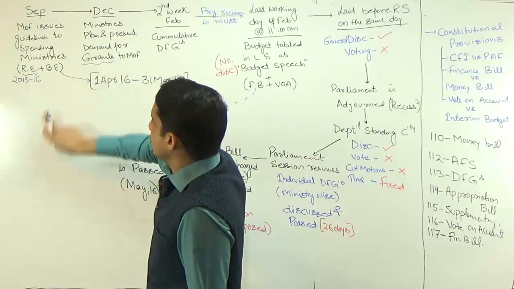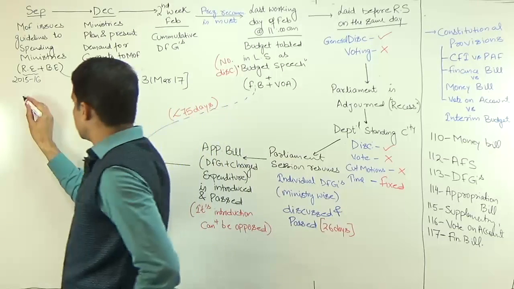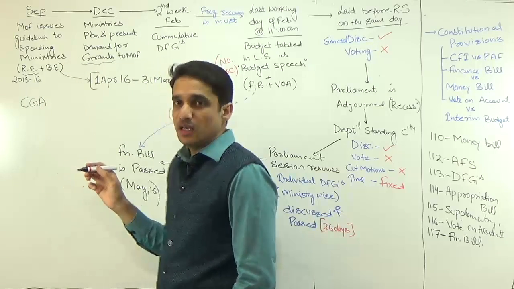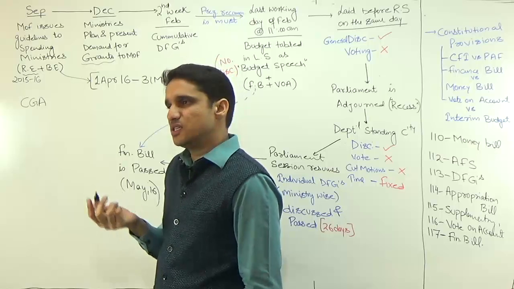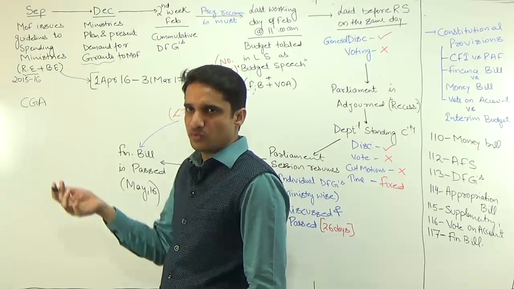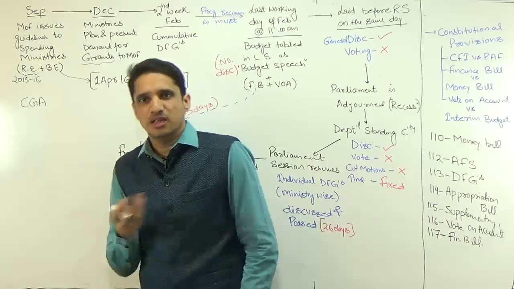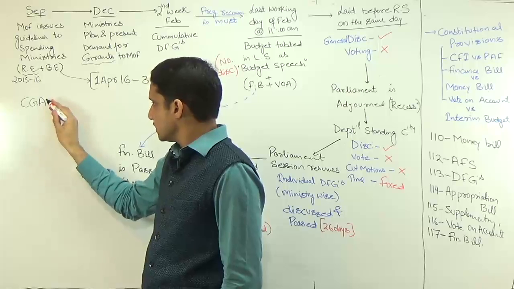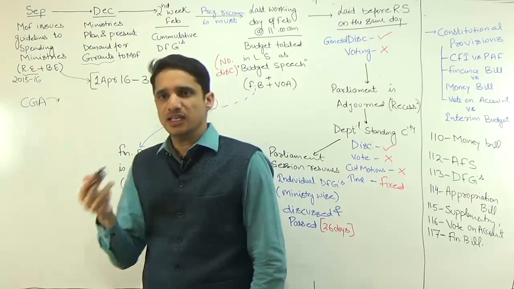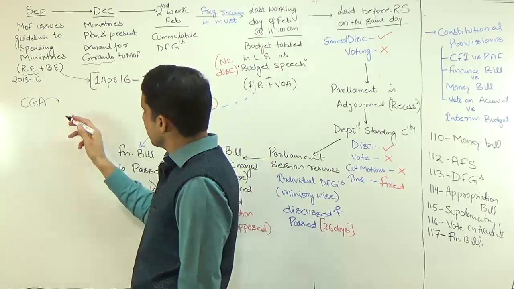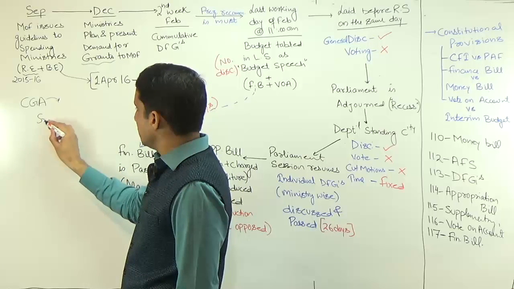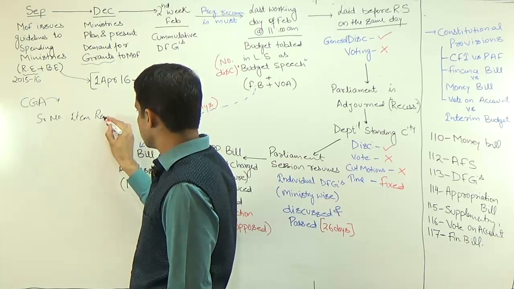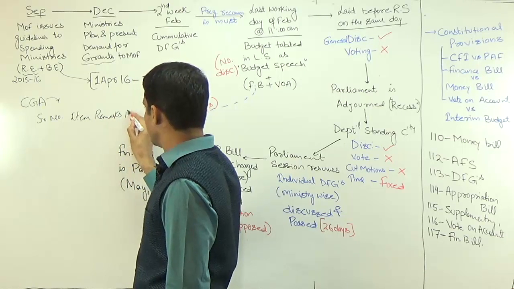Now in what format you have to give the information is decided by the CGA, Comptroller General of Accounts. It is different from the CAG. CAG is the auditor which does the audit once the expenditure has been done. The Comptroller General of Accounts suggests to the government how to maintain the accounts, in the sense that the first column should be the serial number, then the item, then the remarks, and then the date.